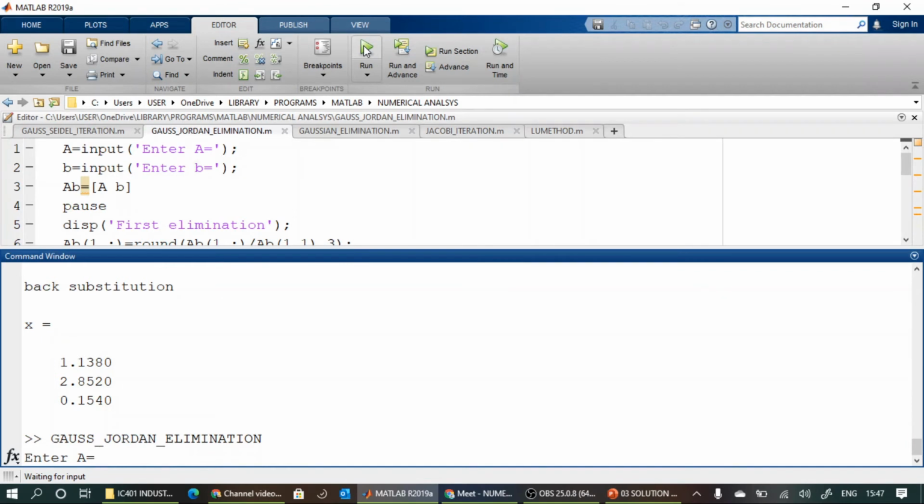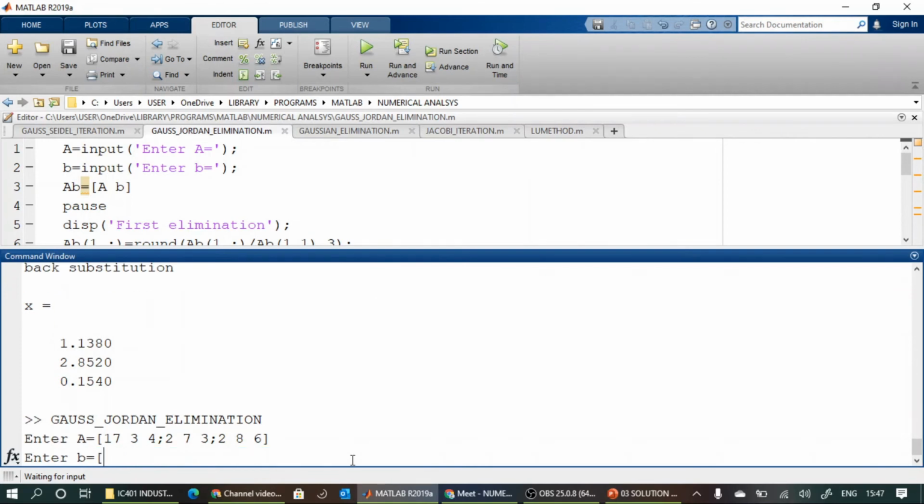A is equal to, first one is capital R, 3, 4, 2, 7, 3, 2, 8, 6. Now you are asked to select your register number here instead of R, so I am using 17 first. Okay, enter. Now B is equal to 3, minus 7, minus 4.